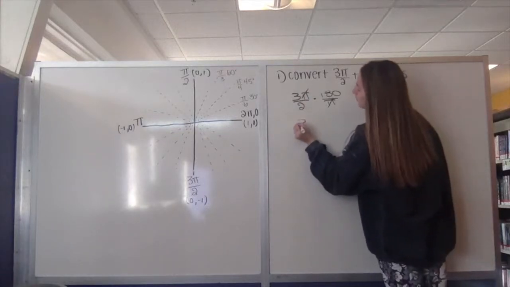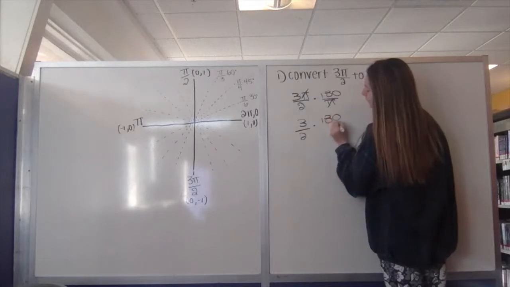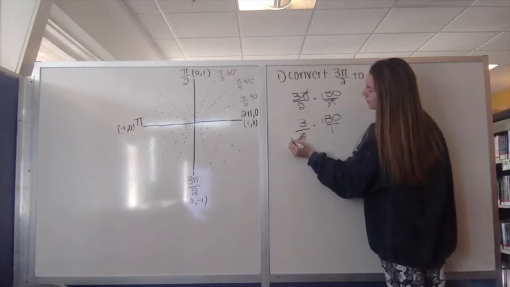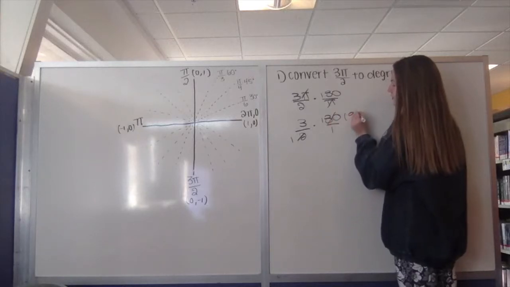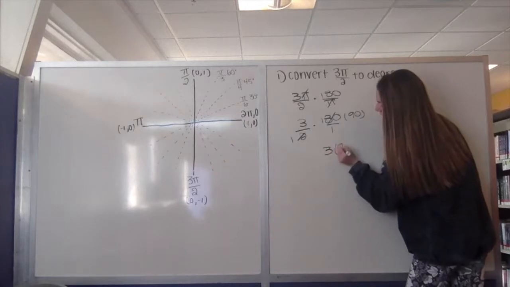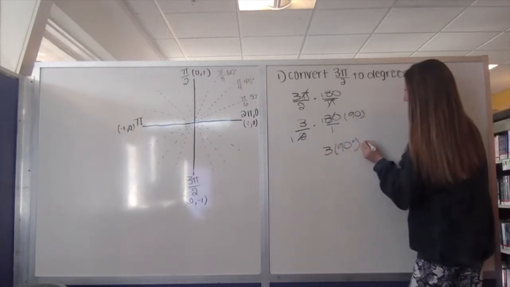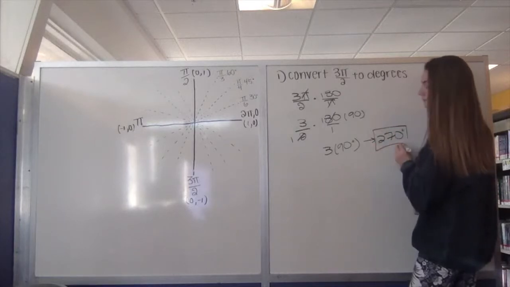Then we can simplify even more: we can take out the 2 in the denominator, so that will be 1, and then we can take out a 2 here, which leaves us with 90. Then we multiply 3 by 90 degrees, which leaves us with 270, and that's our answer.